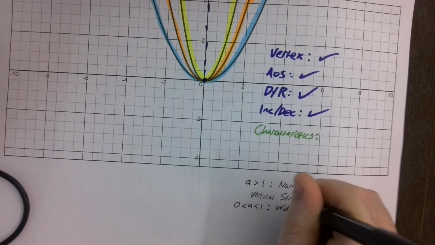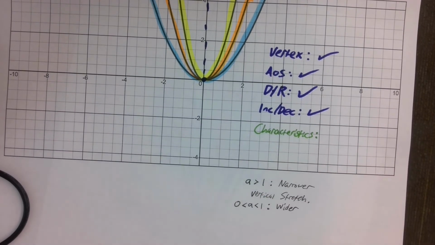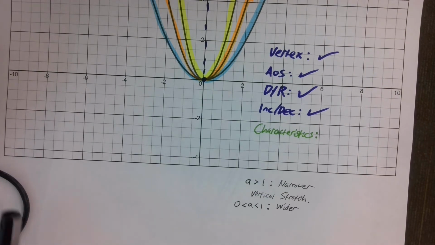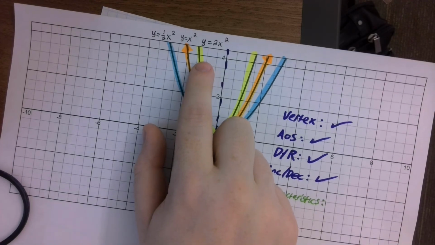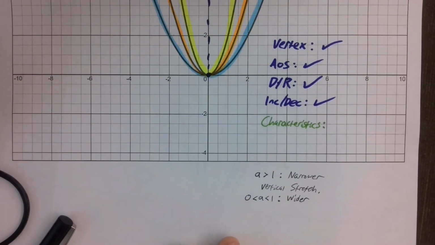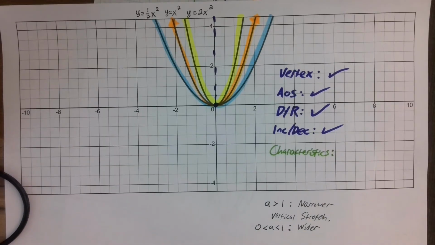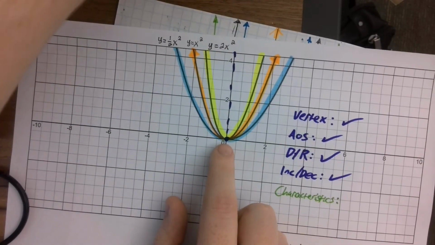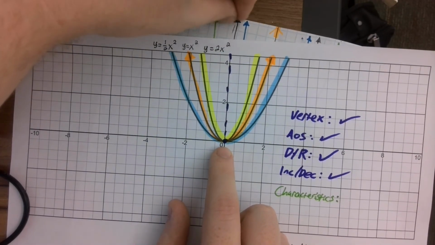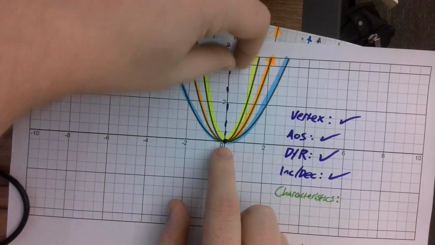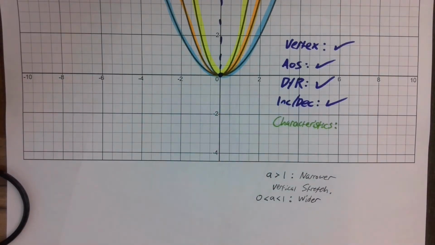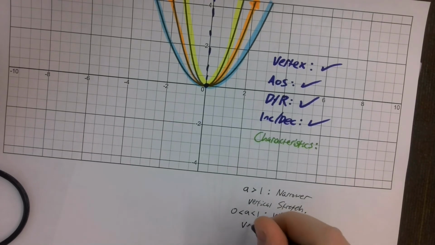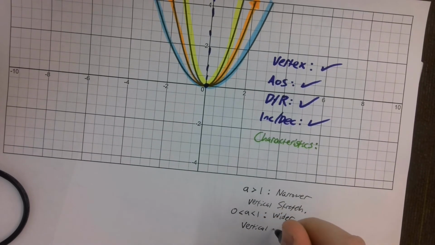Vertical stretch. That's the characteristic. The characteristic is, for y equals 2x squared, we have a vertical stretch. As it gets wider, imagine we're taking that rubber band from all the way up here, and we're sort of pushing it back to where it started. The rubber band would get wider and wider. We call this then a vertical shrink when it gets wider.